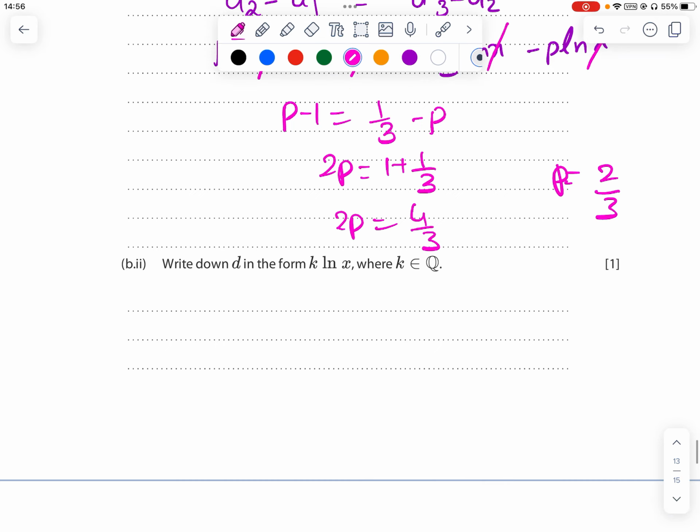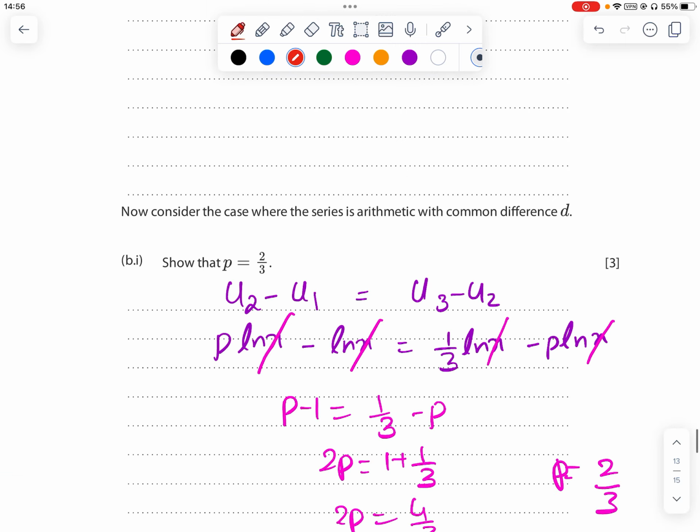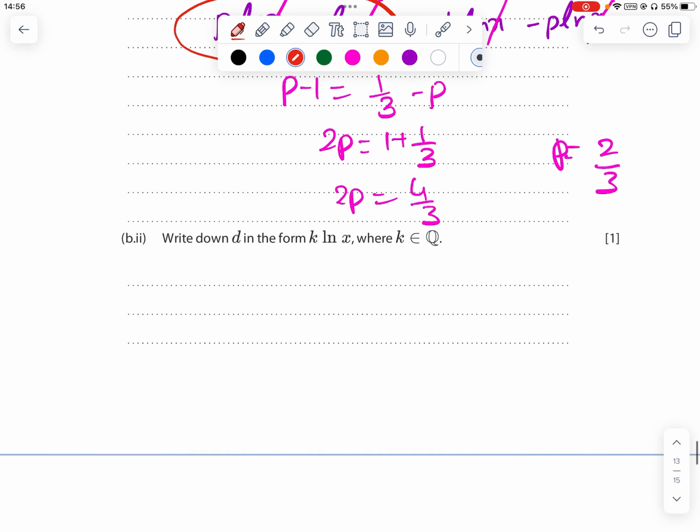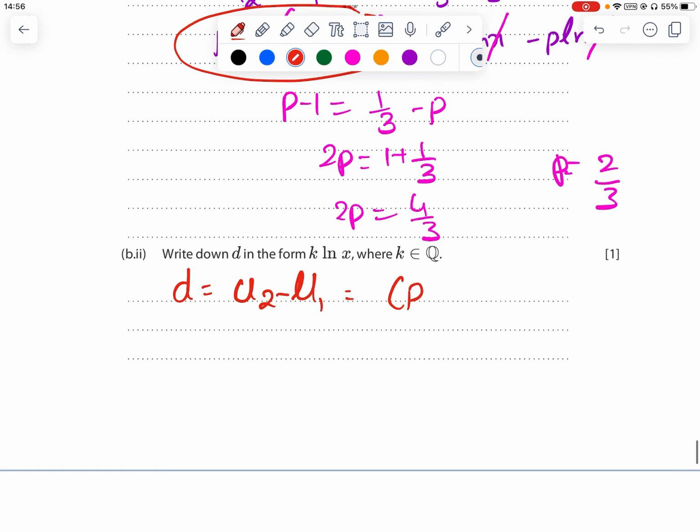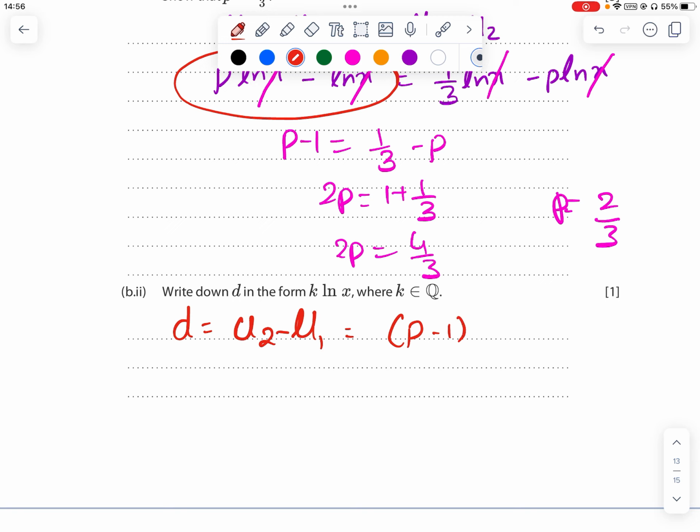Write down the value of d in the form of k ln x. So d is the common difference. We have found it out. u2 minus u1, which is p minus 1 times ln x.